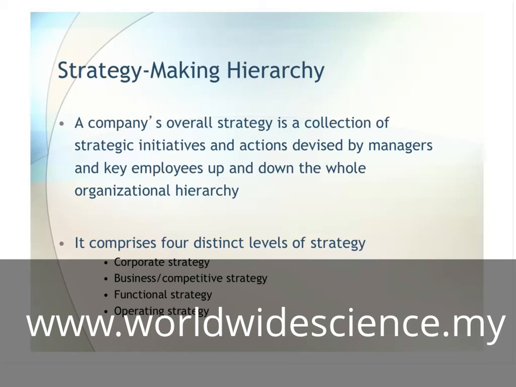So you have corporate strategy, business competitive strategy, functional strategy, and operational strategy. We will explain all these in detail as we go along and see what exactly we mean by each of them.